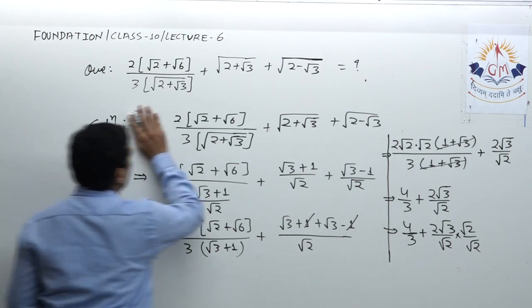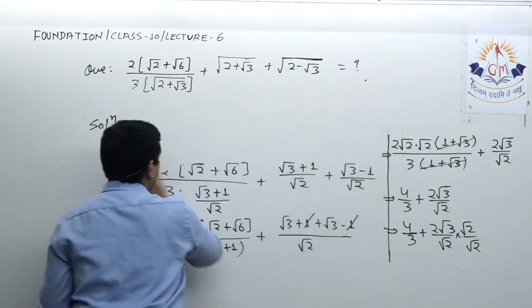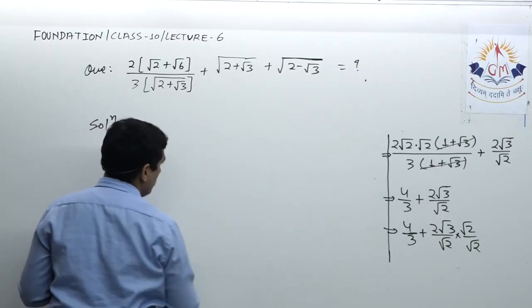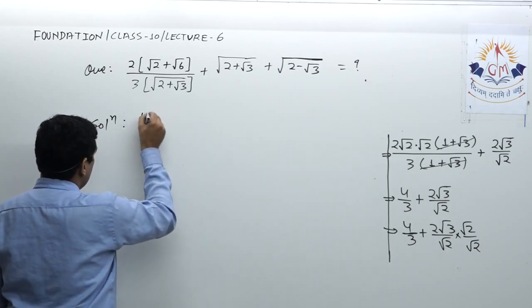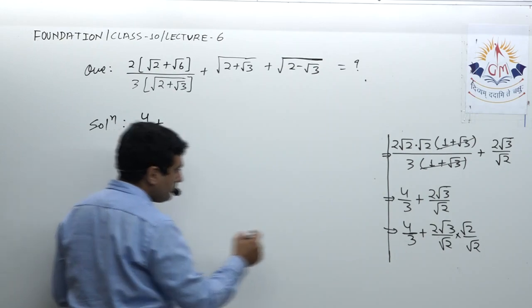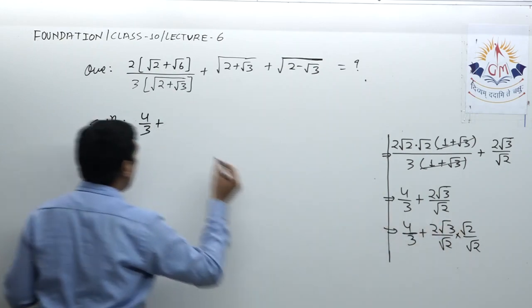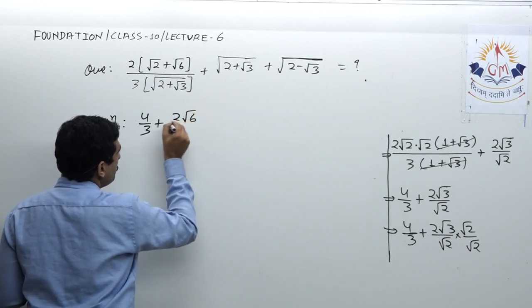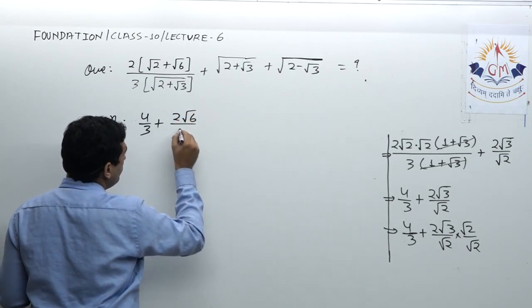Okay, let us see its solution further. Over here 2 root 3 into root 2 is 2 root 6, and the denominator gives you 2.